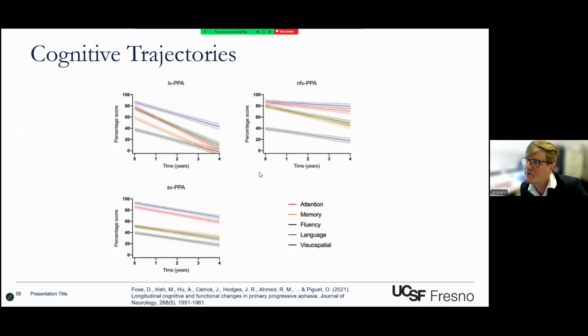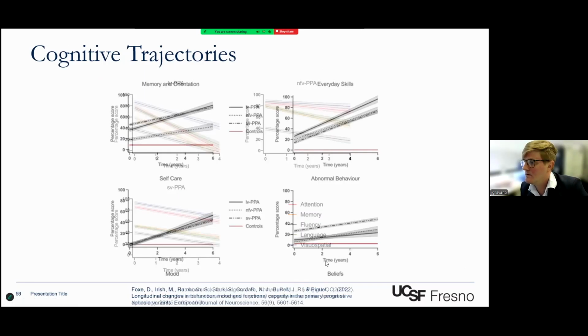And so with that, how do we deal with that? Well, we can look at them between syndromes. Logopenic, non-fluent, and semantic tend to have different trajectories in terms of their deficits in other cognitive functions, including attention-based difficulties, memory-based difficulties, cognitive fluencies, and visual spatial-based challenges, based on their proximal anatomy to other cortical regions, as well as the dual function of those language regions within other cognitive systems.